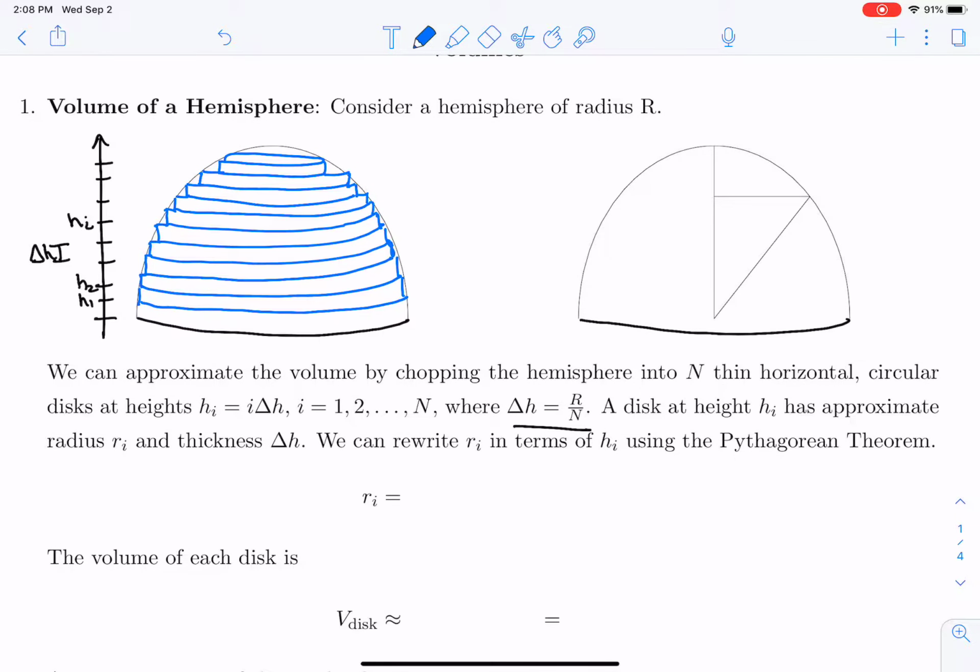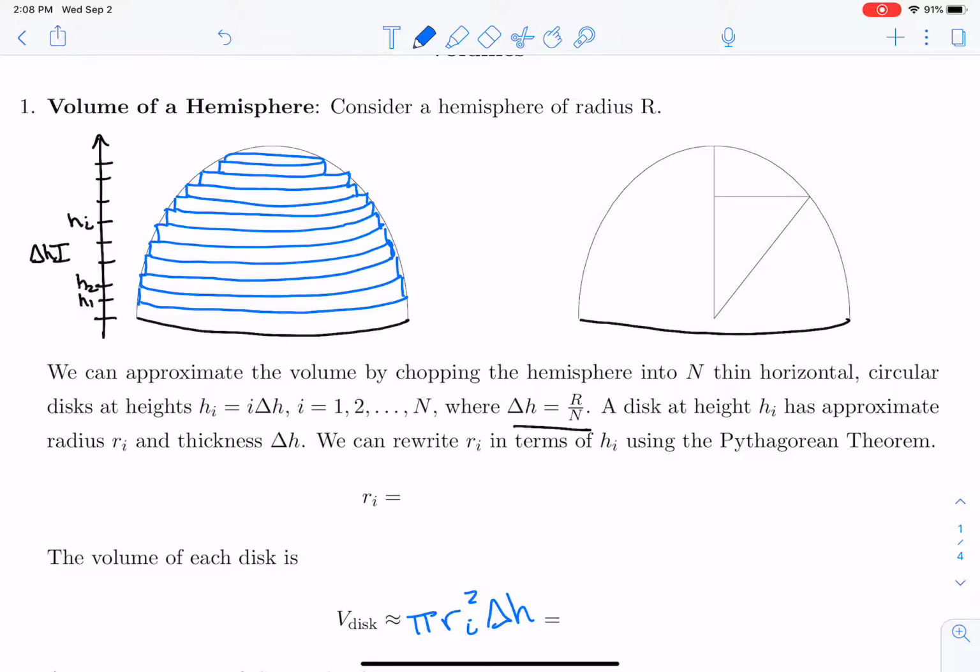So now that we've found these disks, we want to find the volume of each disk, and the volume of each disk is going to be pi times the radius of each disk, we'll call that r sub i, squared, times delta h. But the volume of the disk is in terms of the radius r sub i, but the thickness is in terms of h.